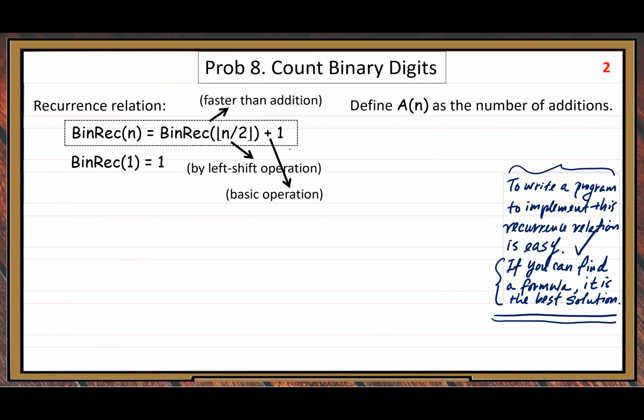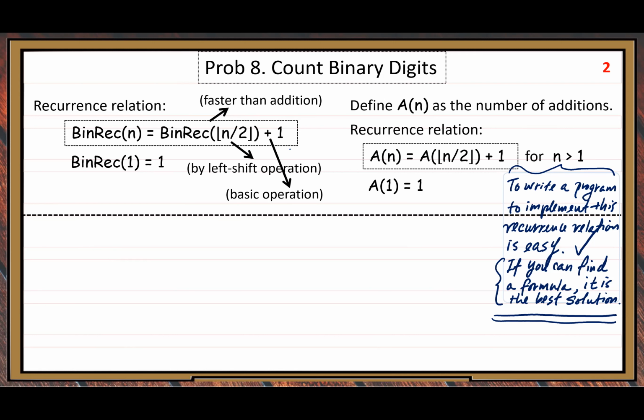Here, let us use a function a of n to represent the number of additions when we do the calculation. The recurrence relation will be a of floor of n over 2 plus 1. That's our main recurrence relation, but we need a base case: a of 1 equals 1.